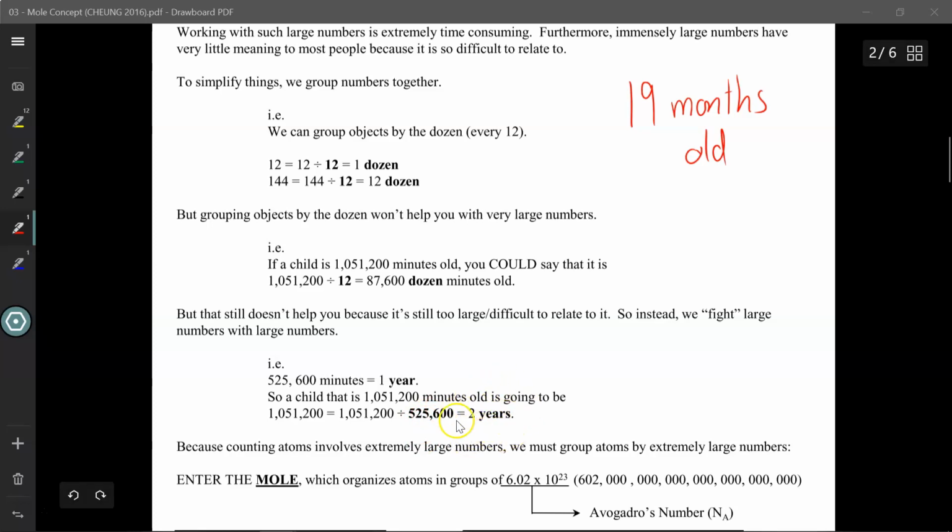And the number 2 is a much easier number for me to visualize, for me to relate to, than 525,600 or 1,051,200. This is the benefit of grouping things together so that super large meaningless numbers become smaller, easier to deal with, and most importantly, relatable to us, meaningful to us as humans.